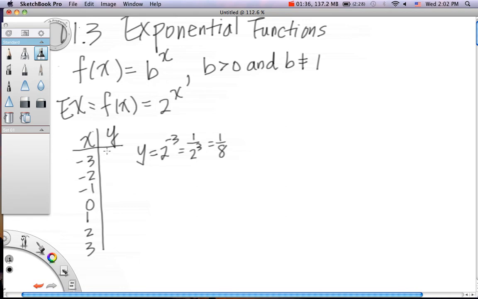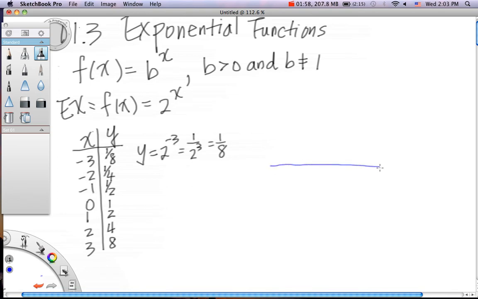So I'm going to fill in the table now. This is 1 over 8, 1 over 4, 1 over 2. 2 to the 0 power is 1, and then 2, and then 4, and then 8. Let me show you on the side what the graph might look like.